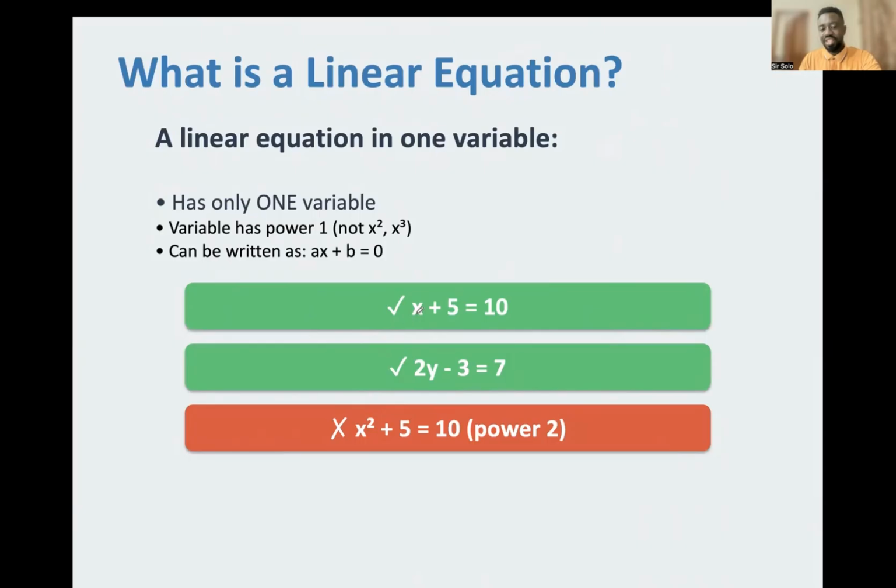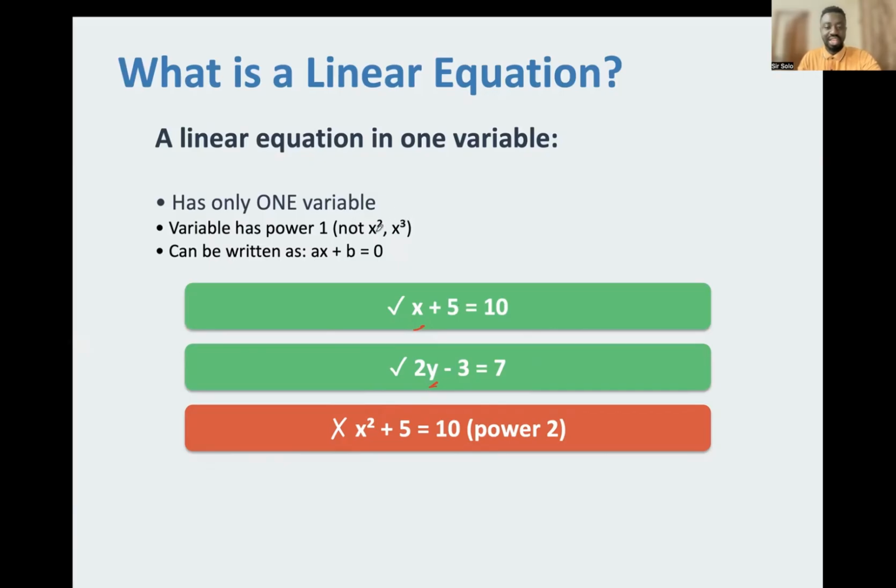In x plus 5 equals 10, the whole expression, left and right side, has only one variable, x. In 2y minus 3 equals 7, the variable is y. Also, the variable has power 1, not power 2 or power 3.